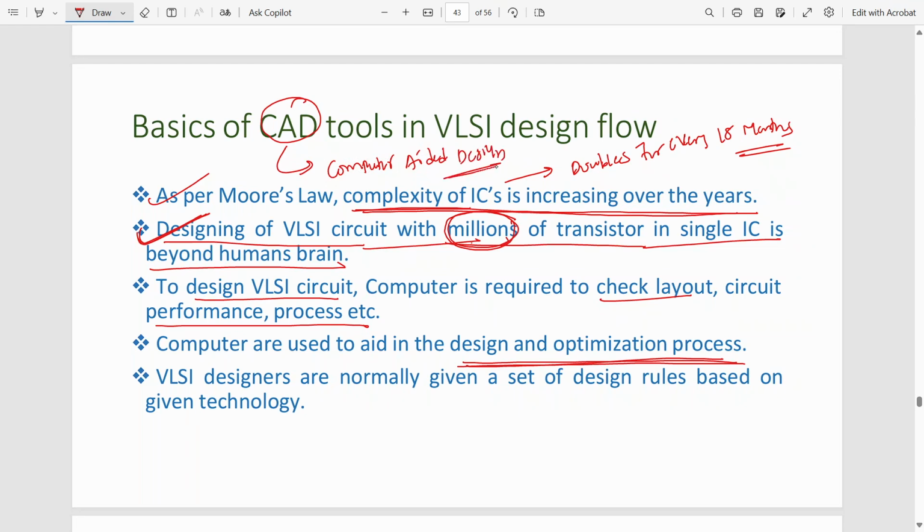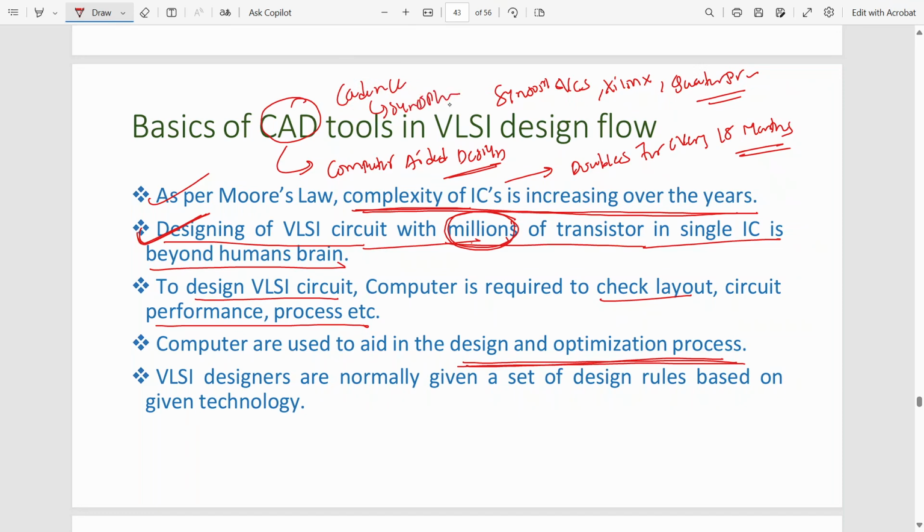For the front end you have designer tools like Synopsys VCS, Xilinx, and Quartus Prime. For synthesis you also have Synopsys tools, and for the back end you have Cadence tools and Synopsys tools.